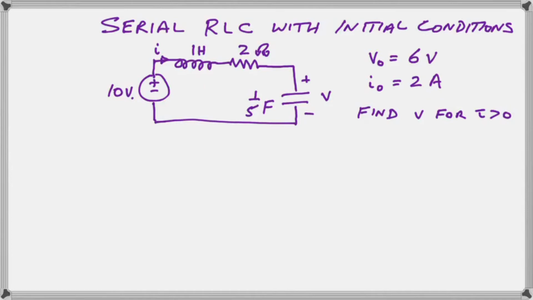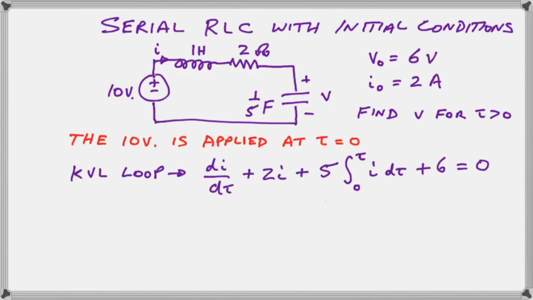The first thing we need to do is to write Kirchhoff's voltage law around the loop. So the 10 volts is applied at t equals 0. And around the loop we have, as you can see, the expression for the various voltages.